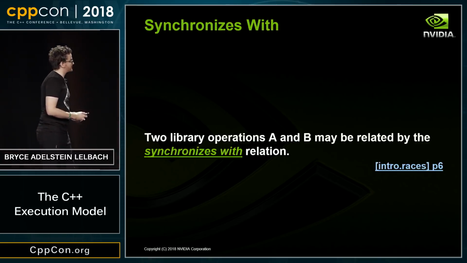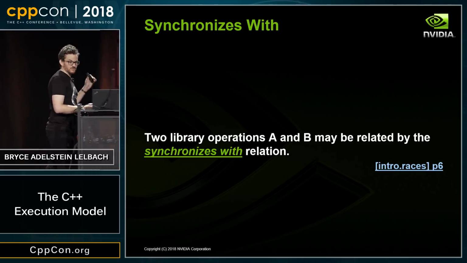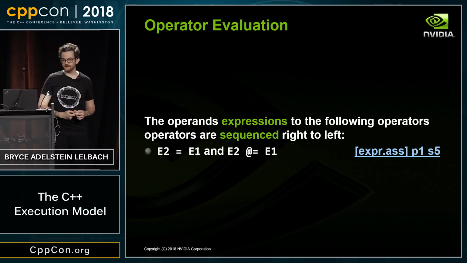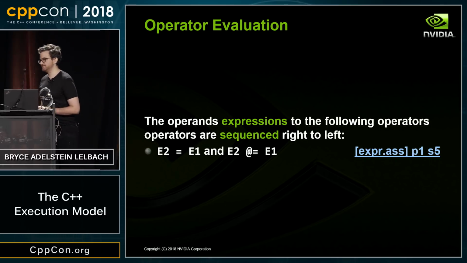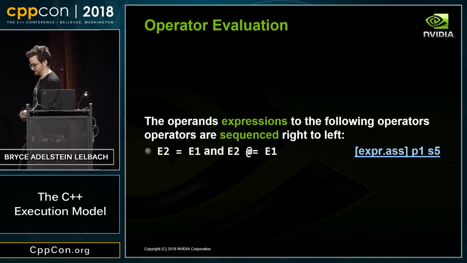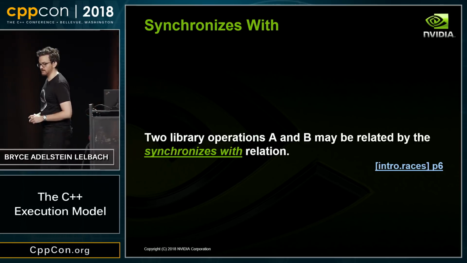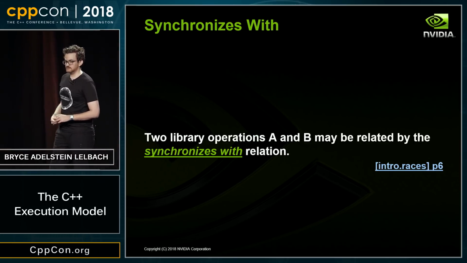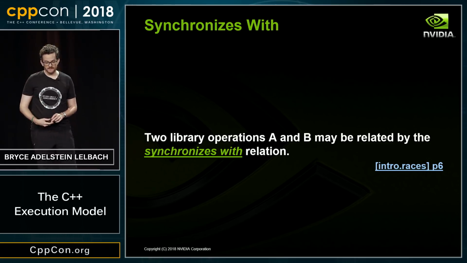All right, so now I want to talk about the next relation. So that was just sequenced before. We talked about how, within a single thread, the evaluation of expressions is ordered. Now we're going to talk about how things are ordered between different threads of execution.